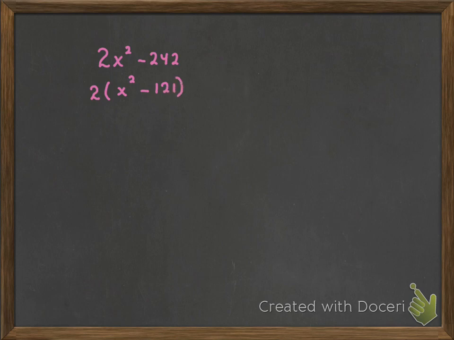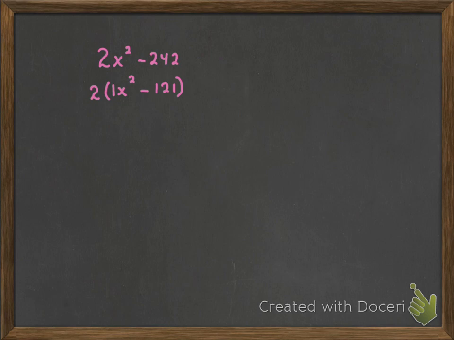Okay, so by factoring out the greatest common factor, I can see that what's left inside my parentheses might just be the difference of perfect squares. Understanding that there is a 1 here, 1 is a perfect square, x squared is a perfect square, 121 is a perfect square, and I've got the difference between them.